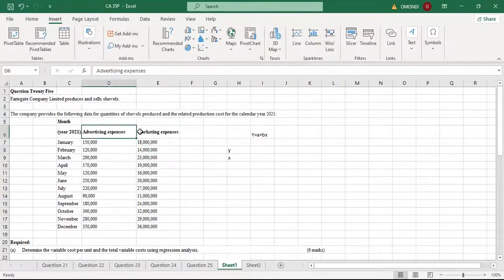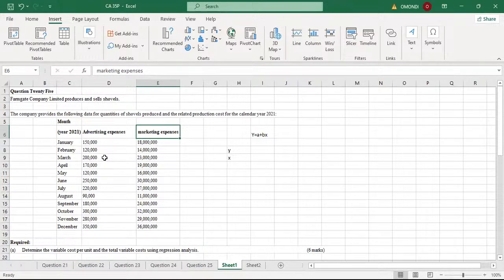And since all of them are expenses, whoever gives me this question in exam will have to tell me that either marketing expenses is dependent on advertising expenses, or they will give it in another format, that the amount which we are going to spend in advertising these products will determine what marketing expenses will be.